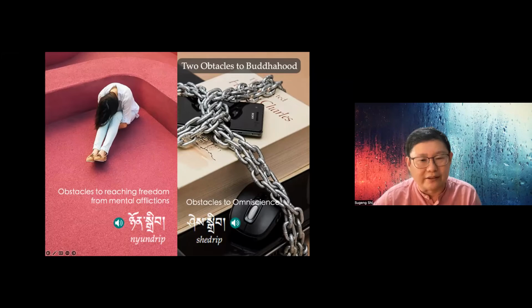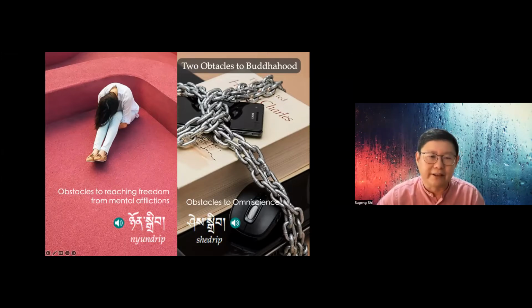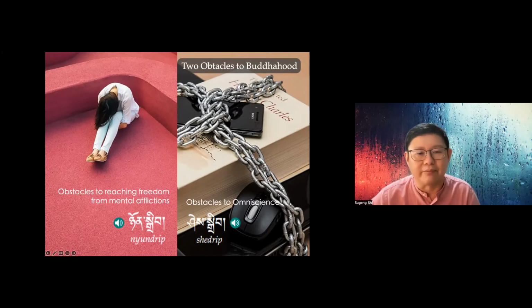This is related to our bodhicitta, right? So when we get rid of the obstacles to mental afflictions, or the negative emotions, we get out of the cycle of suffering. And then the next step is to get rid of the obstacles to omniscience, which is achieved by the bodhicitta. Then you can become enlightened.